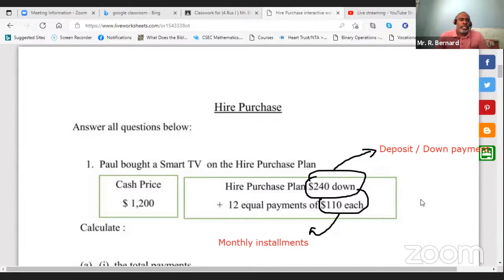What do you have to do to figure that answer out?